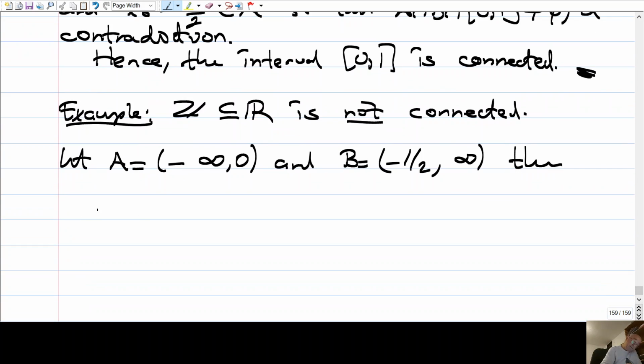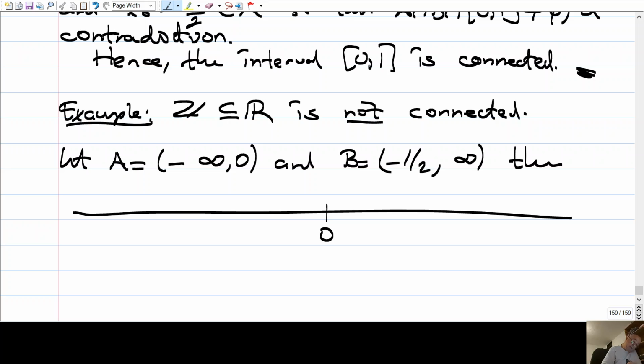So I have this. Here is 0. A is this part, and here is minus 1, and B is this part. So here I have minus 1 over 2, and B is this part.